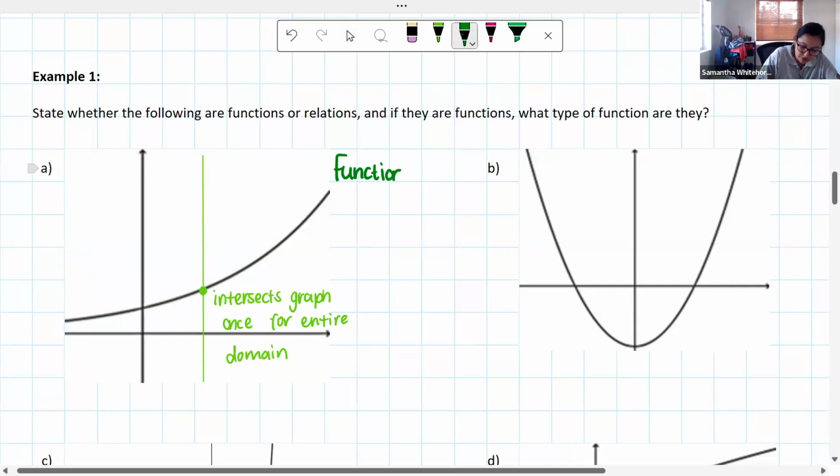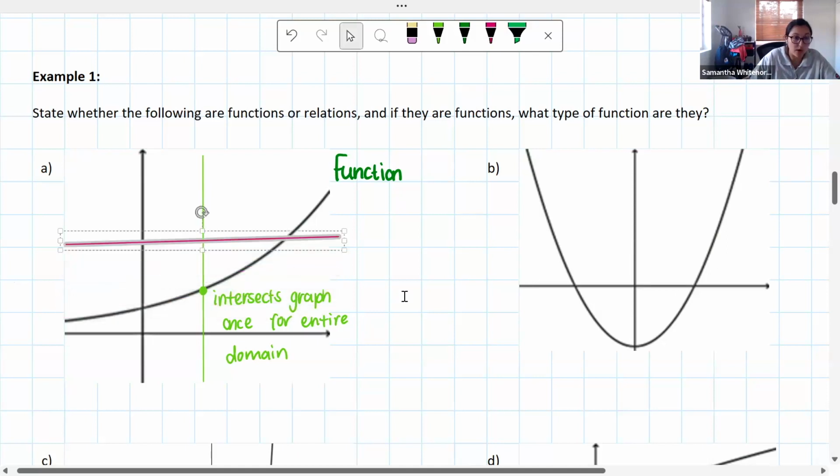And if we want to determine specifically what type of function, we can now use our horizontal line test. So if I draw my horizontal line, there it is. No matter where I move this horizontal line, it's actually only ever cutting my graph once.